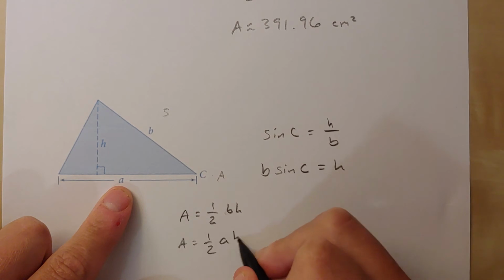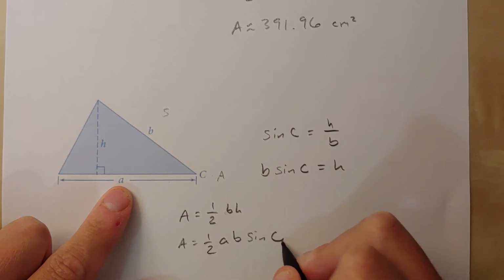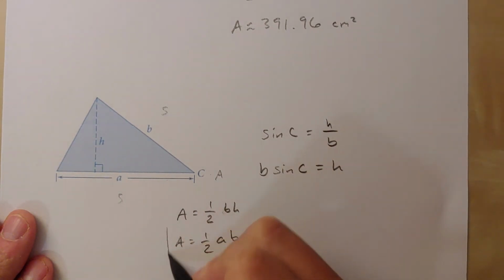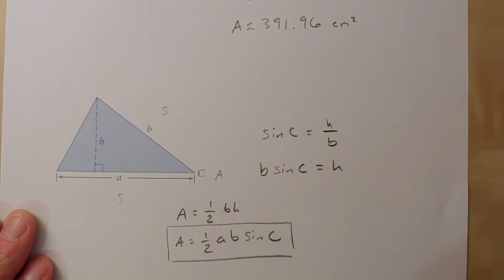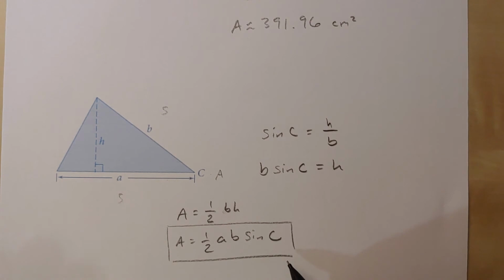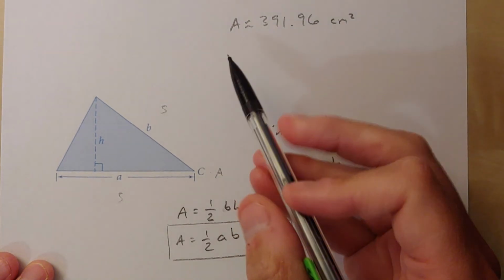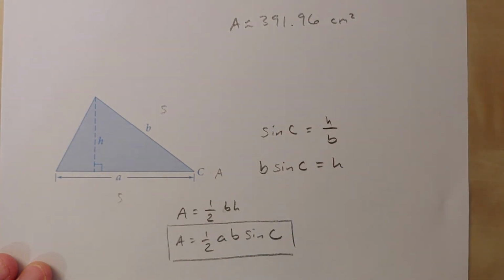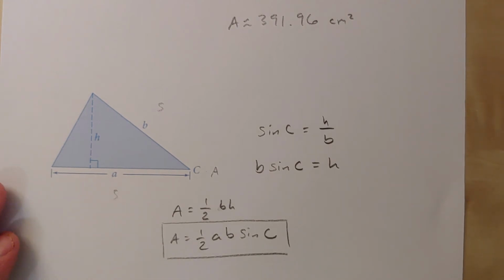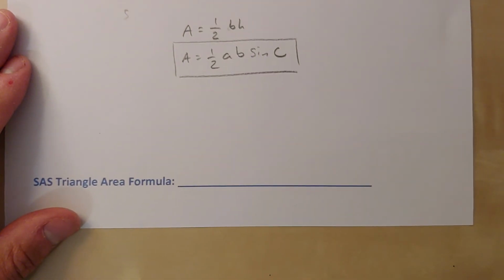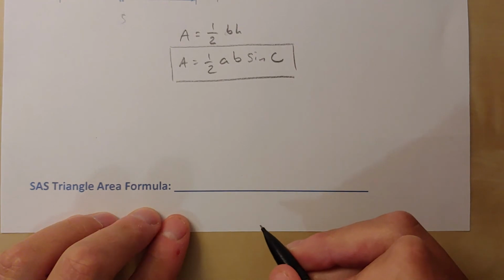It's B times the sine of C. And here we get a generalized process, a formula that we can use to find the area of any triangle when we're given side, angle, side like this. So this is often called the side, angle, side triangle area formula.